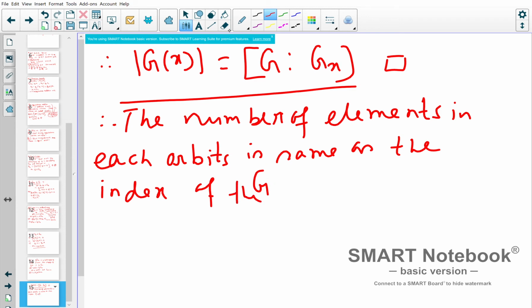Let me write down the stabilizer here, that is much better. Stabilizer. So this is clear to everyone. I hope you understood that.